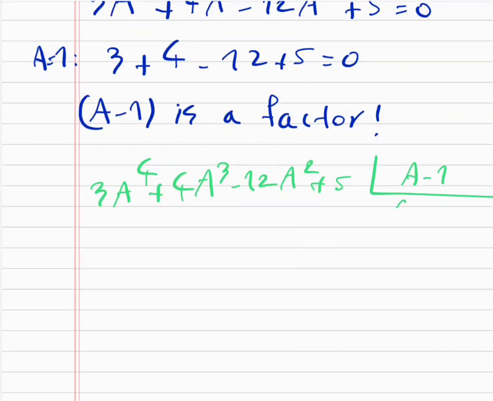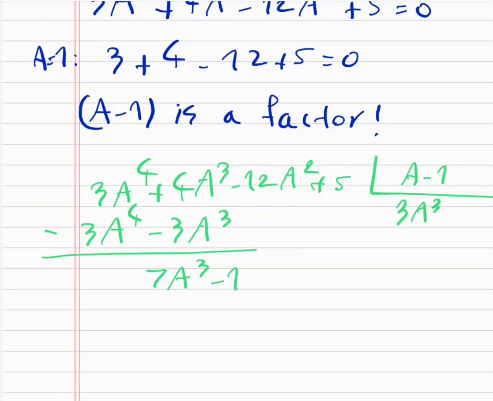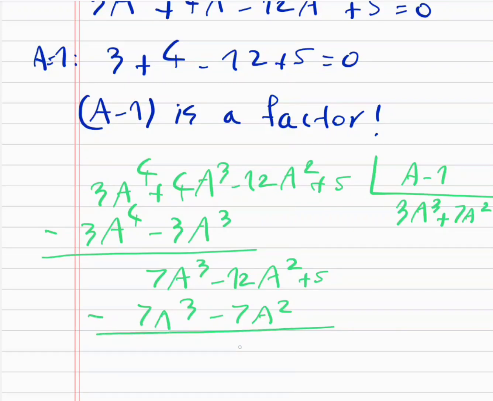So we can have 3a cubed here, which is 3a to the power of 4 minus 3a cubed. So subtraction is going to give us 7a cubed minus 12a squared plus 5. And then we have 7a squared here, so we get 7a cubed minus 7a squared, but subtract again, so we get minus 5a squared plus 5.